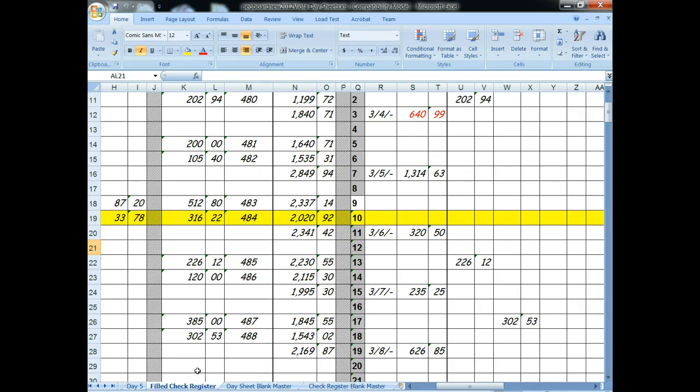FICA, or the Federal Insurance Contribution Act, is the law. It requires a certain amount of money be withheld from an employee's wages for Social Security. The employee pays half of the required contribution, and the employer pays the other half. The Social Security benefit is figured by multiplying the gross wage by 6.2%.